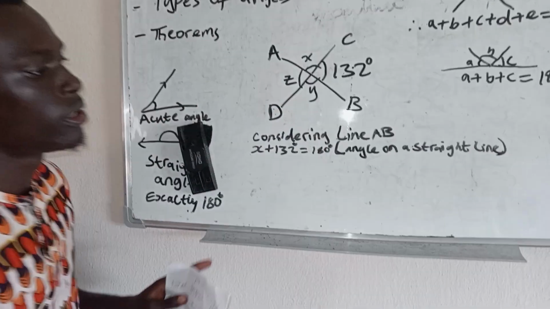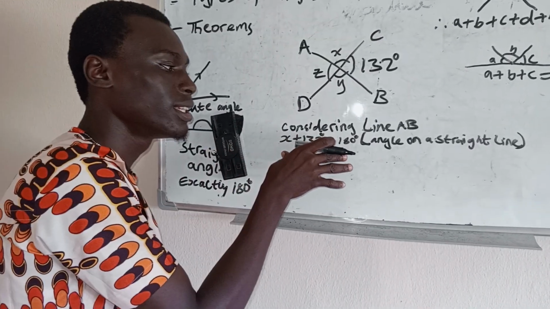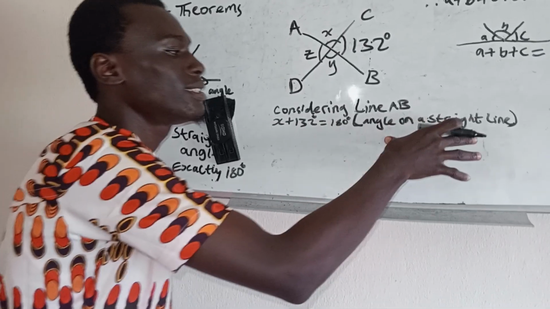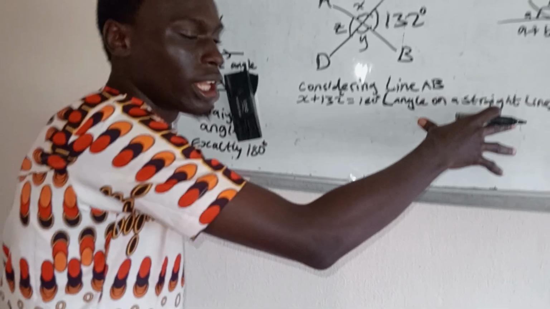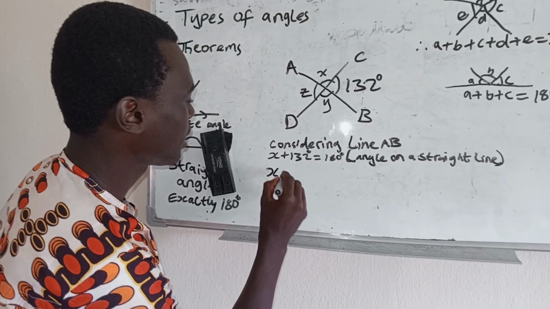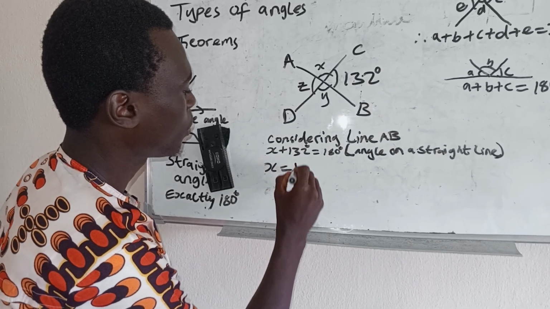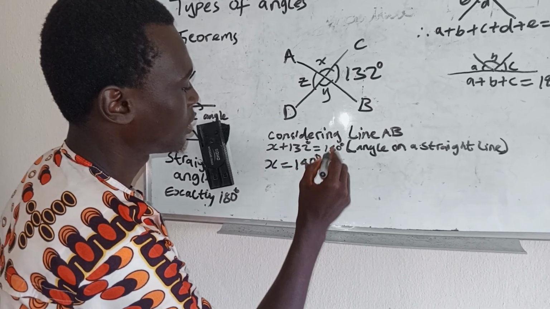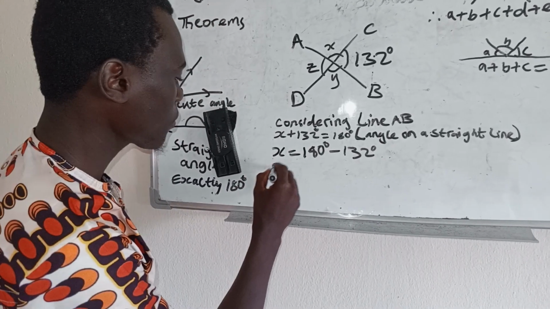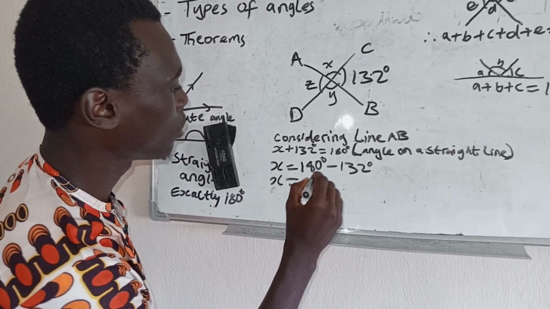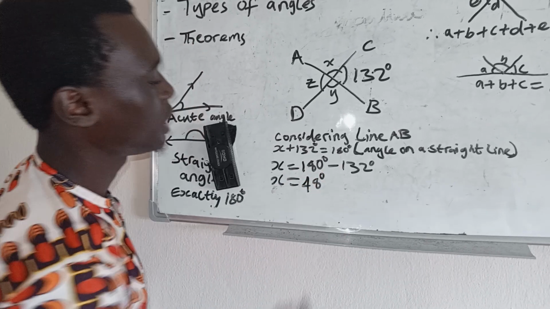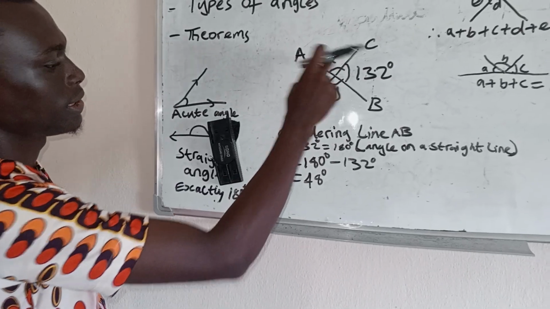That is our reason. Mind you, anytime you are giving a formula, you write the reason in which that formula holds, like the theorem in which that formula holds. And then you say X equals 180 degrees minus 132 degrees. X is equal to 48 degrees.